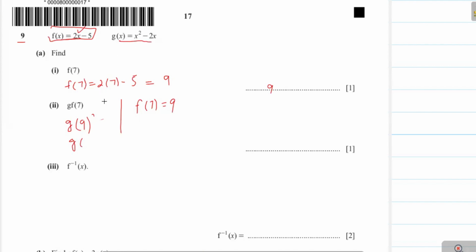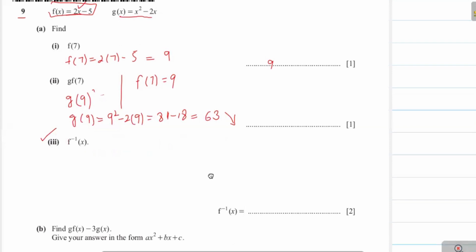If we replace x by 9, g of 9 equals 9 squared minus 2 into 9, which is 81 minus 18, and this will be equal to 63.